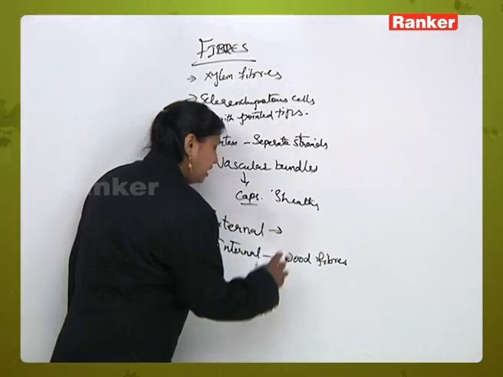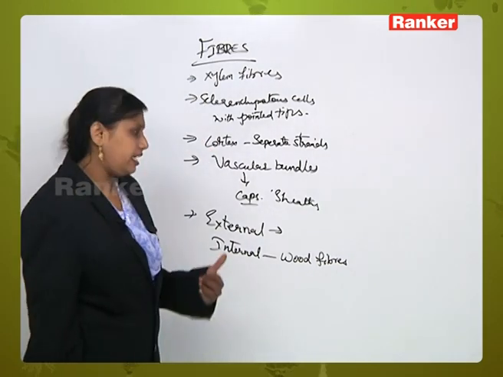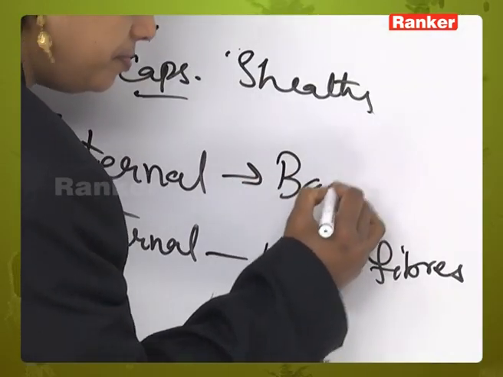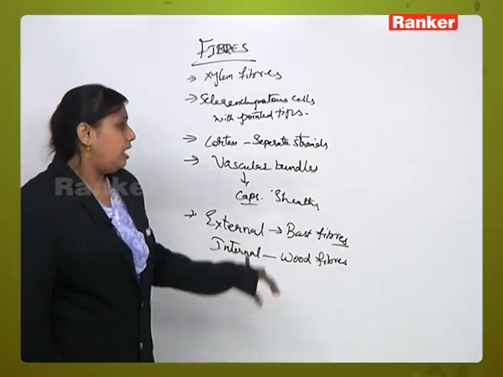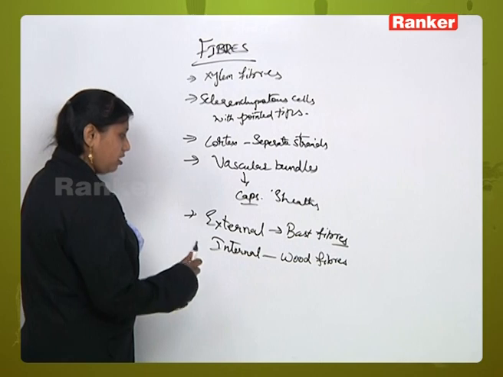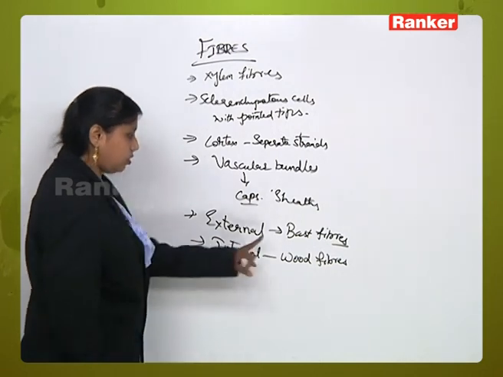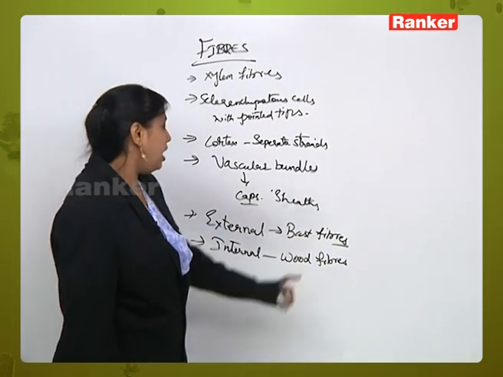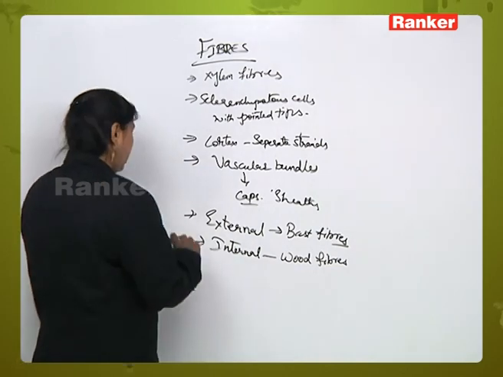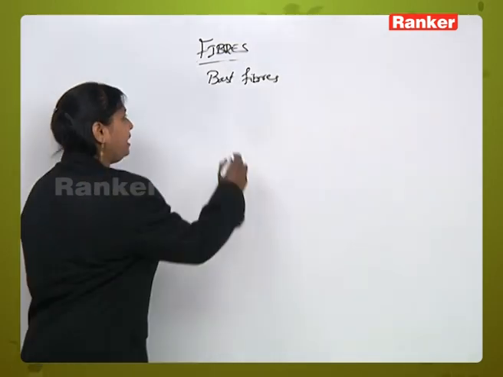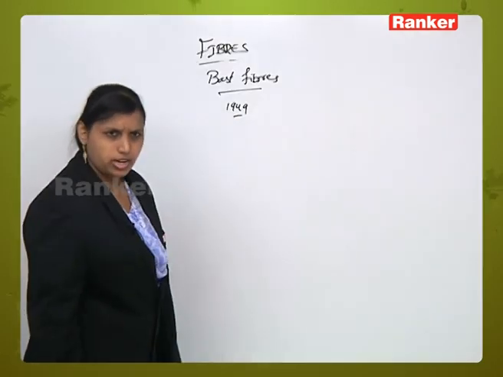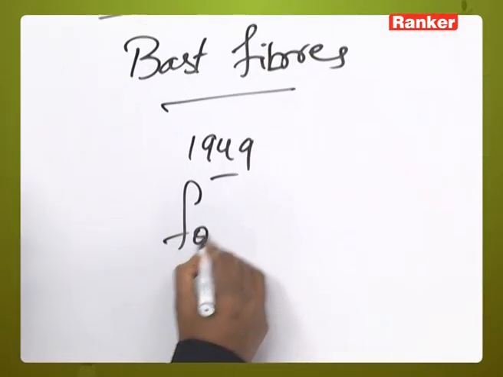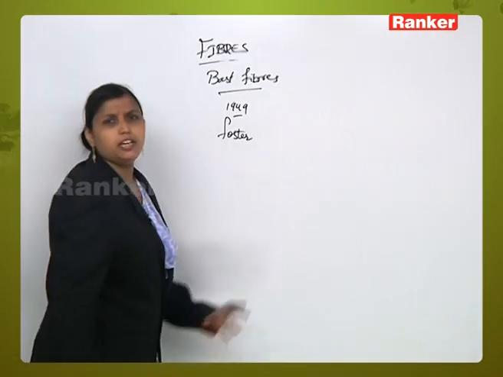Now, what is the other name for external fibers? They are called bast fibers. Now, here we have an extension of the topic, bast fibers. When we are talking about bast fibers, in the year 1949 there was an anatomist called Foster.